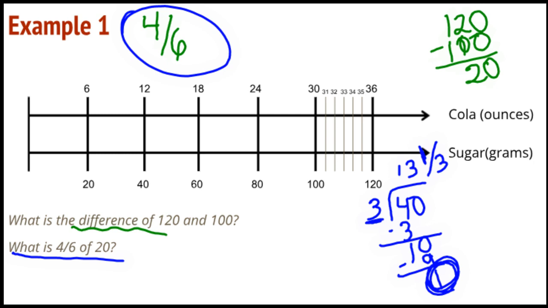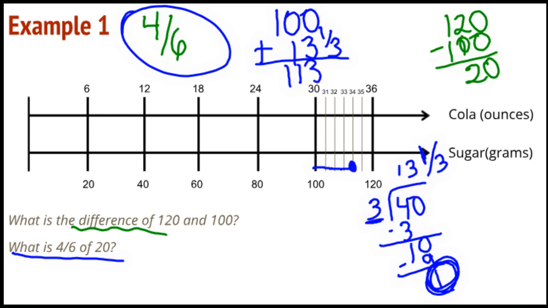So I'm going to go 13 and 1/3. So I'm going to start at 100, and I'm going to count 13 and 1/3, and I'm going to stop. So I'm starting at 100, and I'm going to add on 13 and 1/3, and that's where I stop.